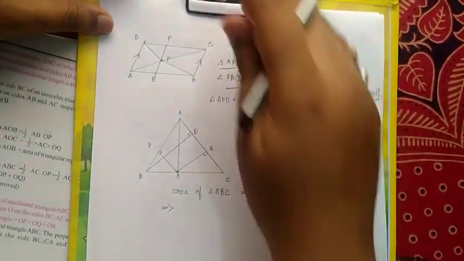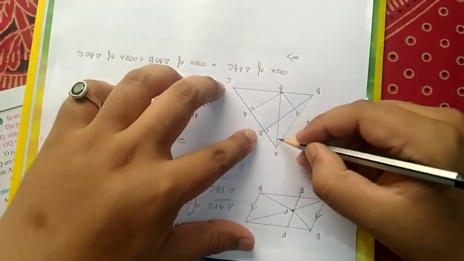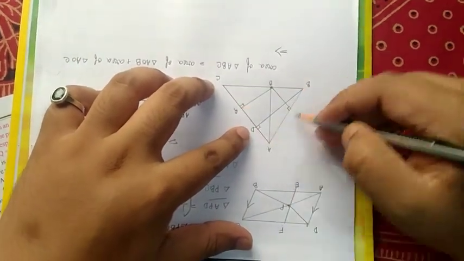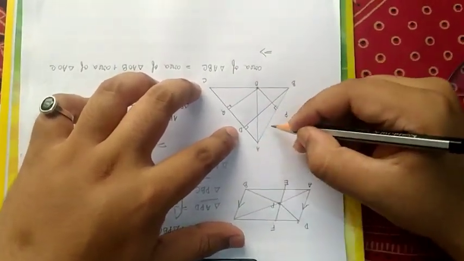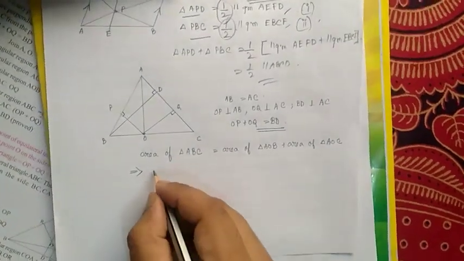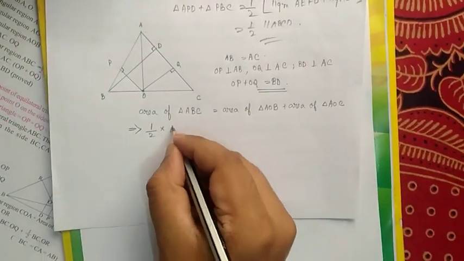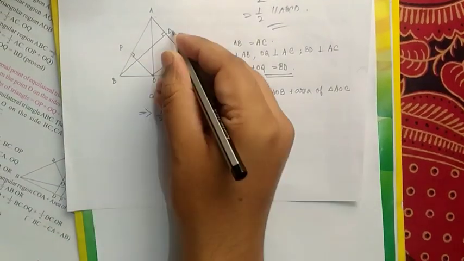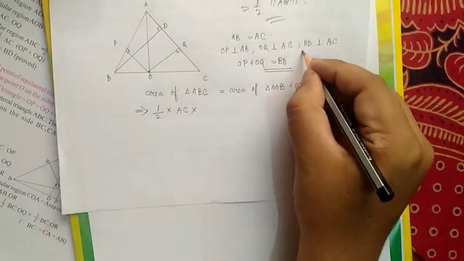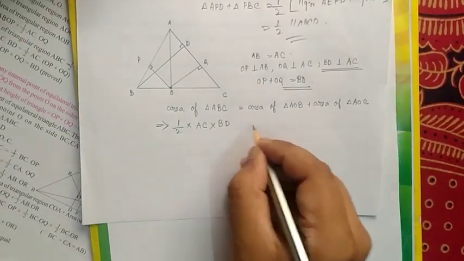So the area of triangle ABC is half into base into height. We can write area of triangle ABC equals half into base, meaning AC, and height, meaning BD. Why? BD is perpendicular to AC. So it is half into AC into BD.